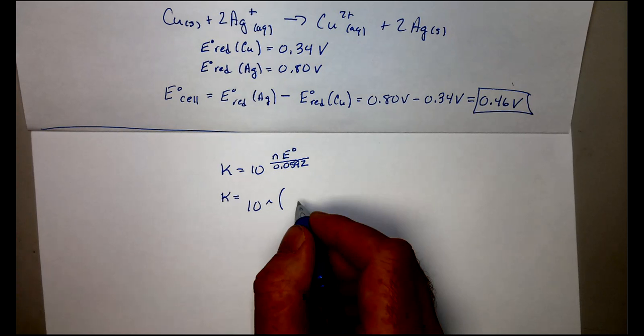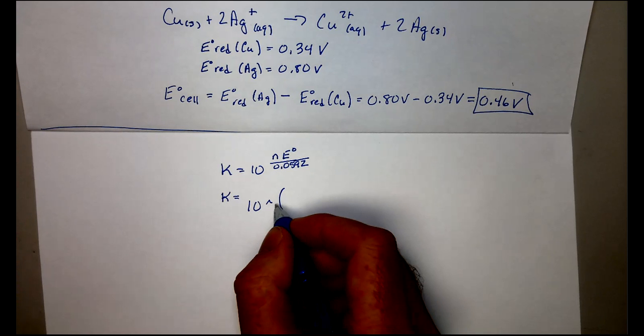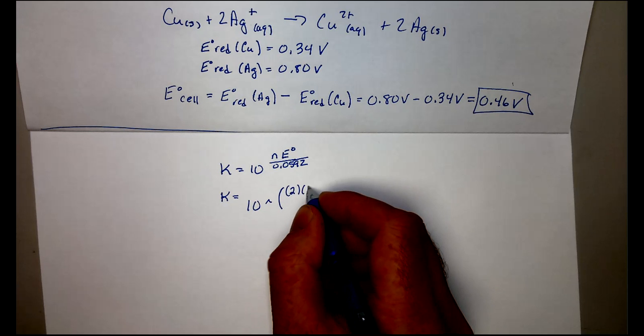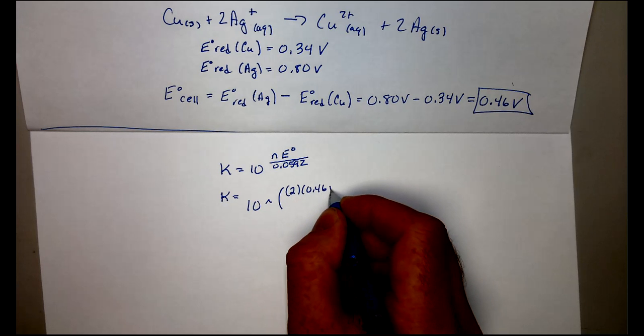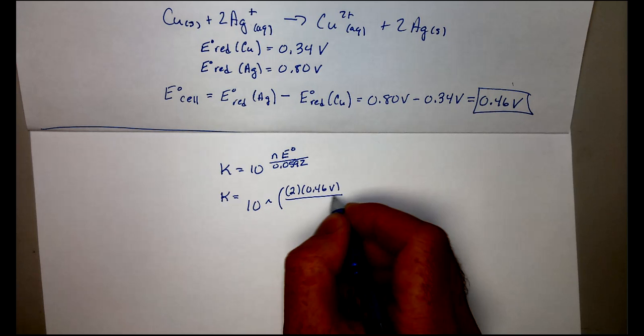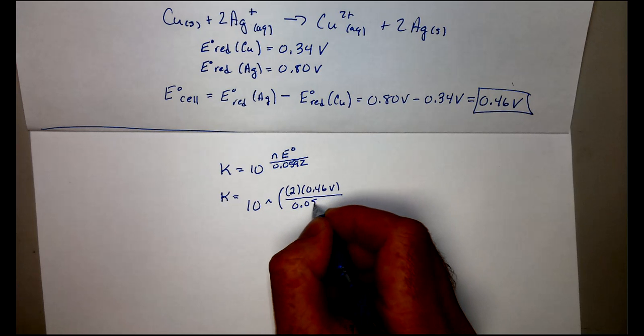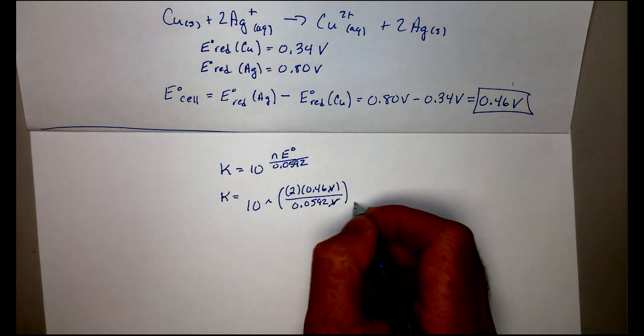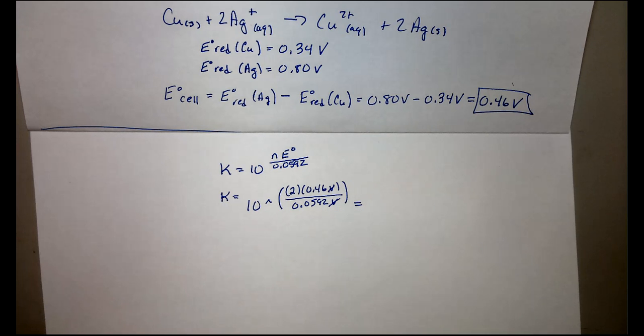And just for the sake of not having to write tiny, I'm going to use a little caret here to indicate all this in the parentheses is in the exponent. So it'll be 2 times 0.46 volts divided by 0.0592 volts.